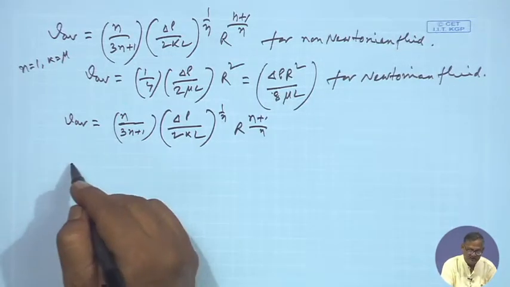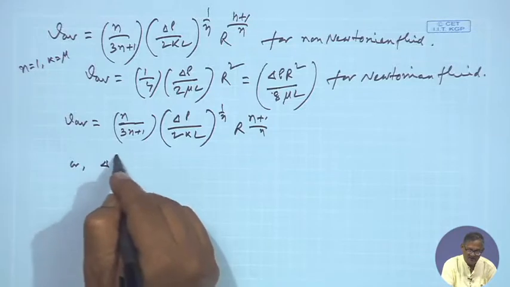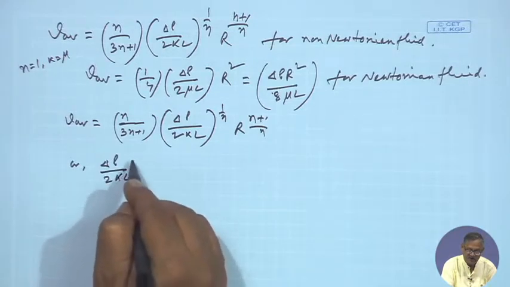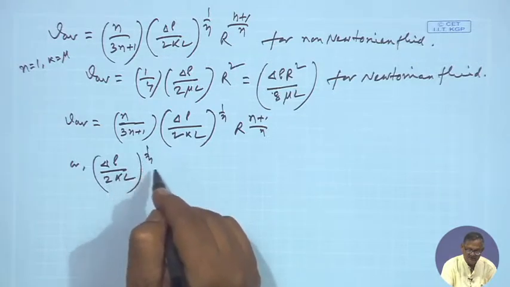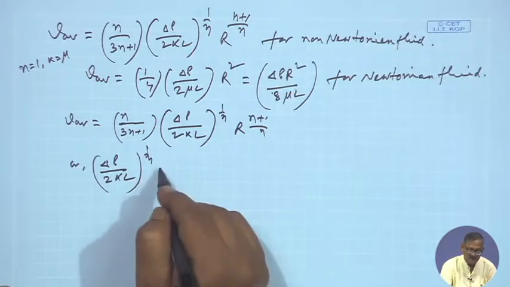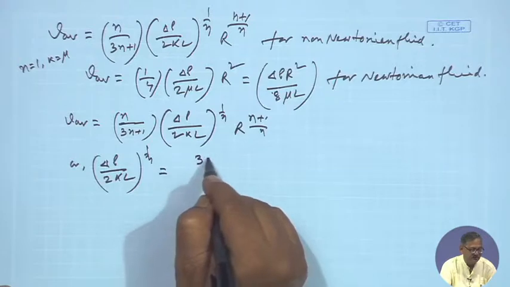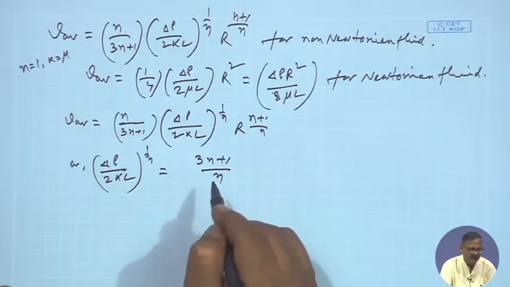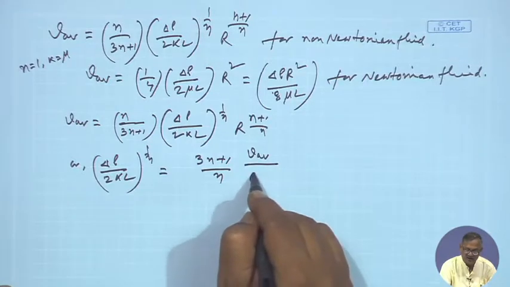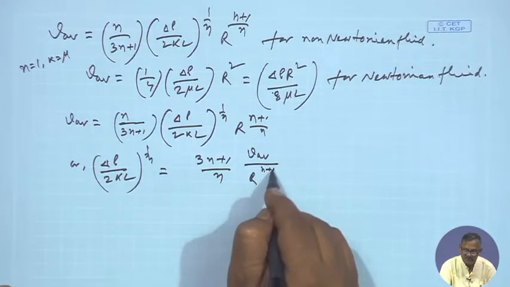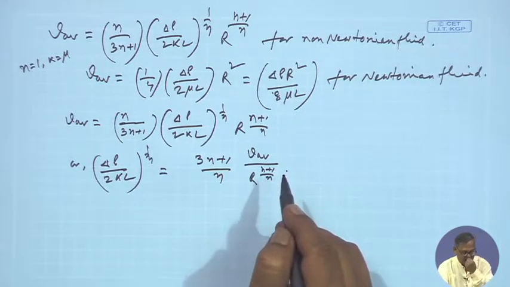So, this we can rewrite: delta P by 2 K L, this to the power 1 by n, equals 3n plus 1 by n into V average by R to the power n plus 1 by n, right.